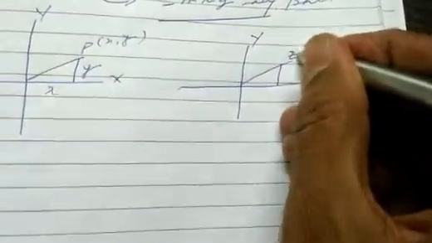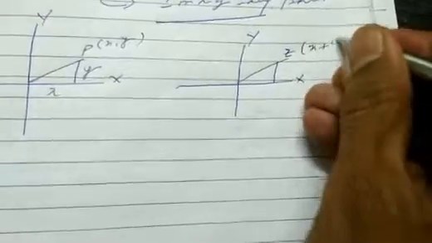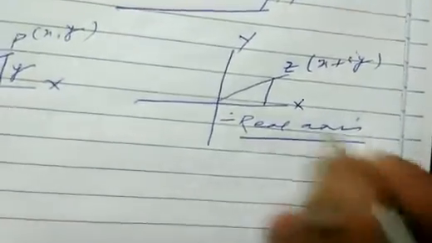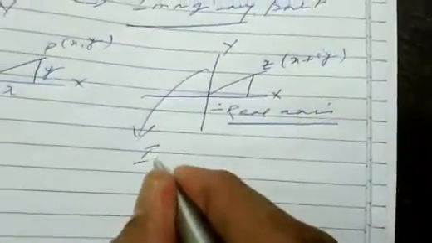Complex numbers can also be put down on a two-dimensional geometrical plane, which is called the Argand plane. Z is equal to x plus iota y, where the x-axis is the real axis and the y-axis is the imaginary axis.